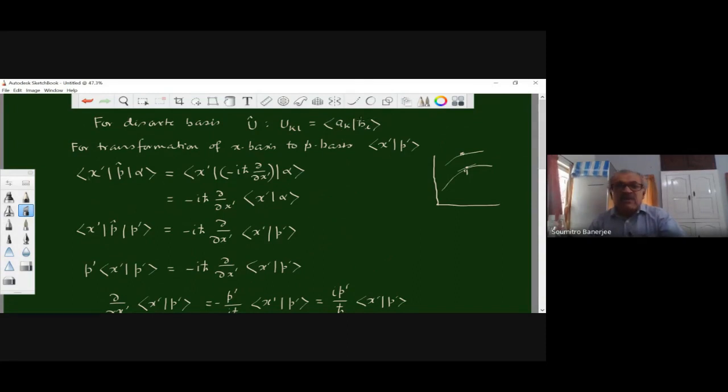Now we want to convert the x basis to p basis, so we need something here in the x basis, here in the p basis. These were the eigenfunctions in the A basis and B basis. Now we are talking about the eigenfunctions in x basis and p basis. So this is something that effects the transformation.